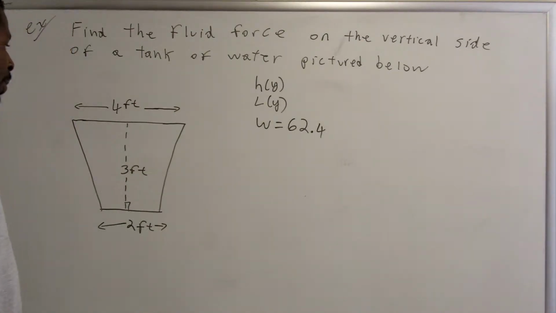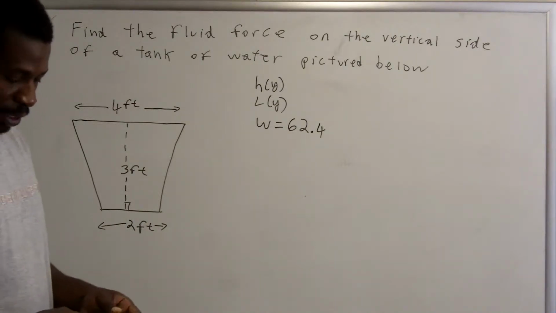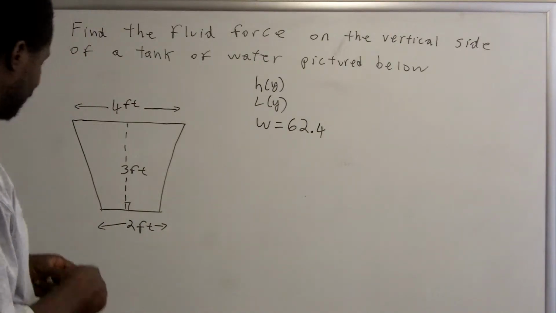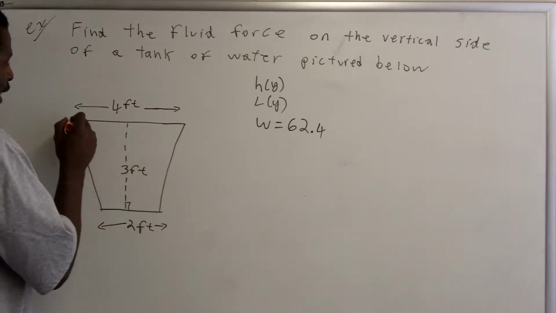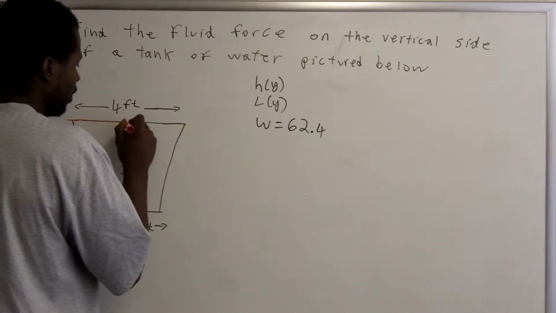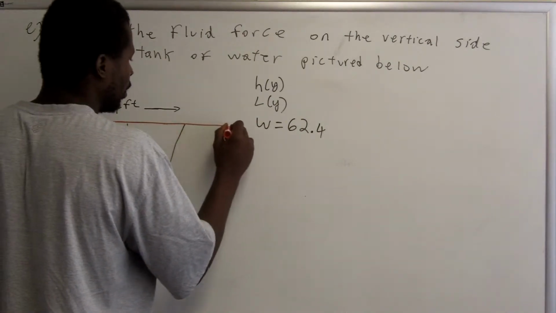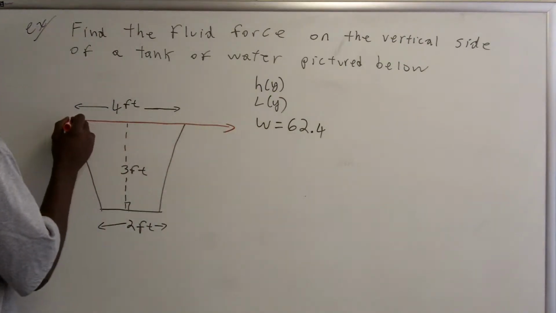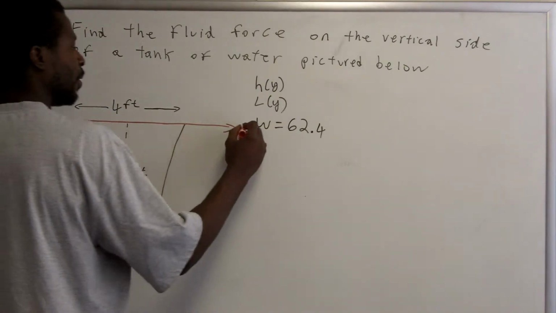All right, so we have this picture, and we want to use the symmetry of this thing a little bit. So I'm going to create an axis system where my x-axis is actually the very top. That's going to be my x-axis.